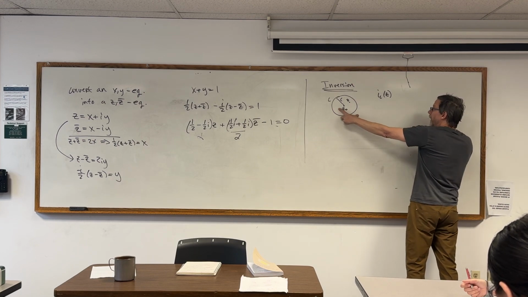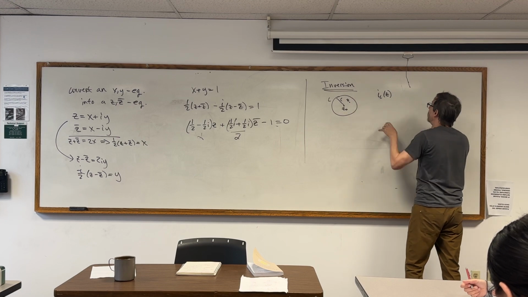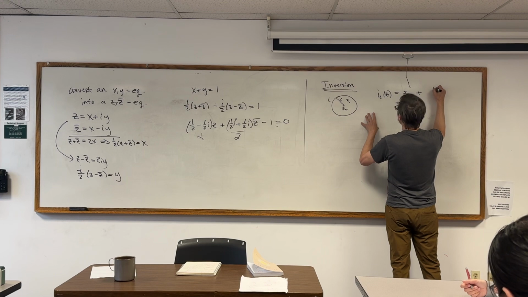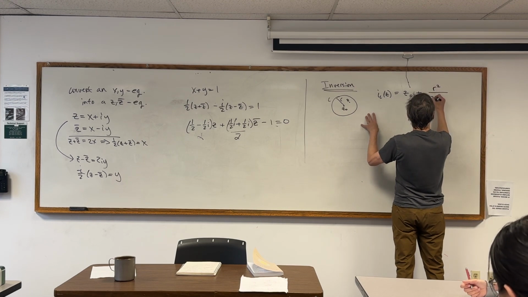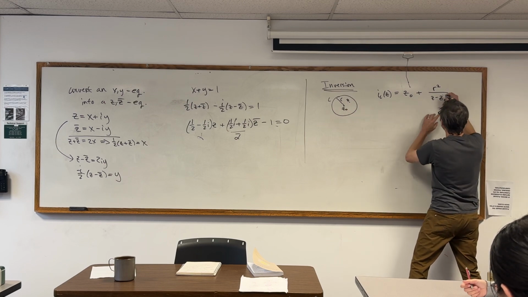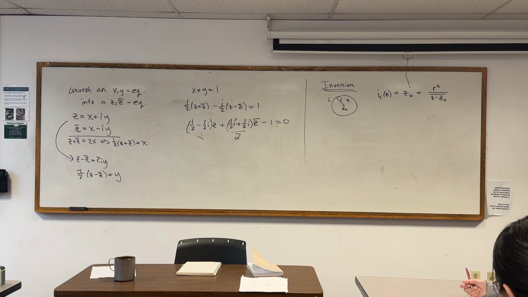Inversion with respect to the circle C of a point Z, and that Z could be outside as well, is equal to the center plus the radius squared over the difference between this point and Z naught the center, bar. And everybody got that formula right too, so that's cool.